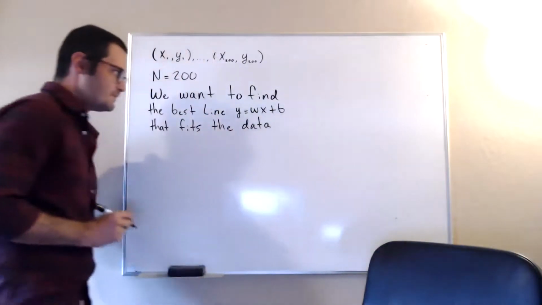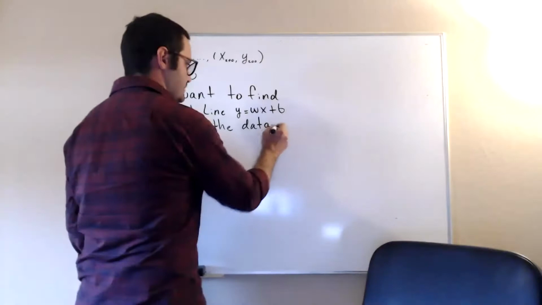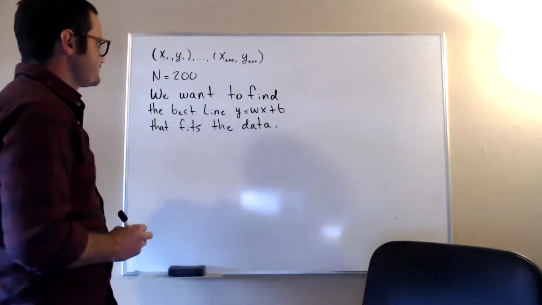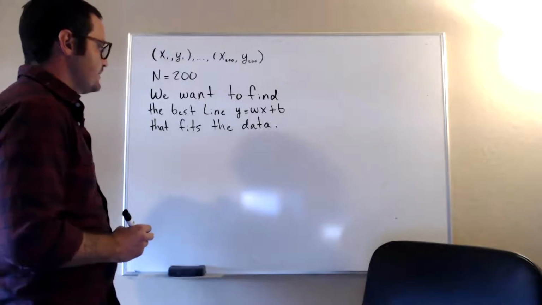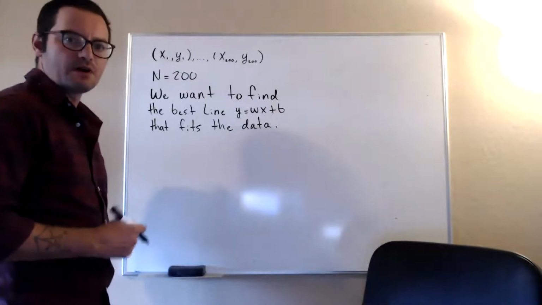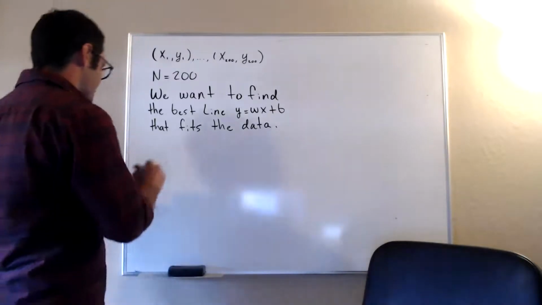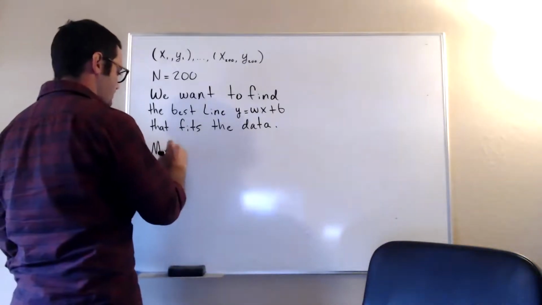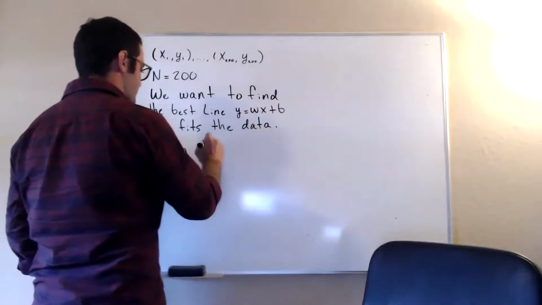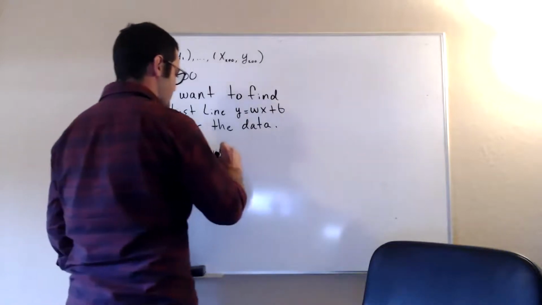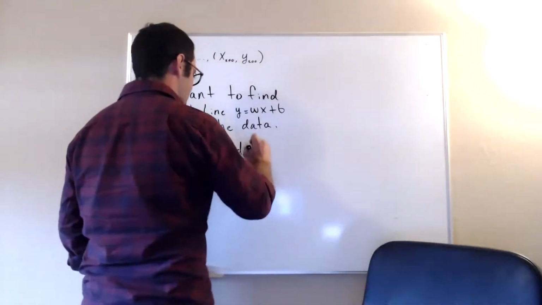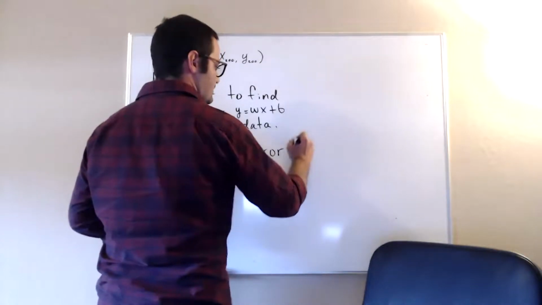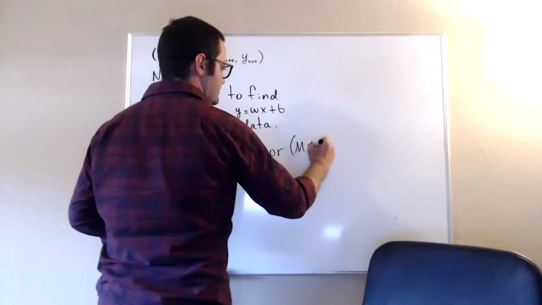Okay. So the way that we can do this is by defining a cost function or an error function. So what we're going to do is look at what's called the mean squared error cost function, otherwise called the MSE.